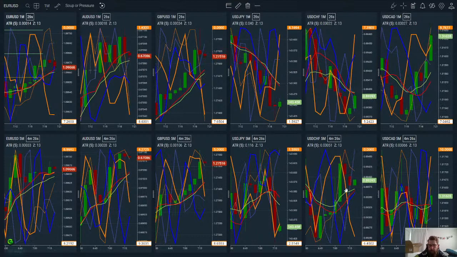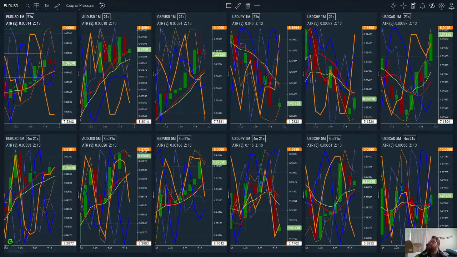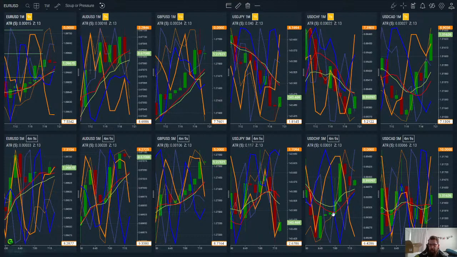Okay, so we've touched. Let's see, is the pound? So it's touched the pressure. Let's see if we get a nice green bar here to indicate that it's going to keep going up in that direction, which would be a series of green bars here.